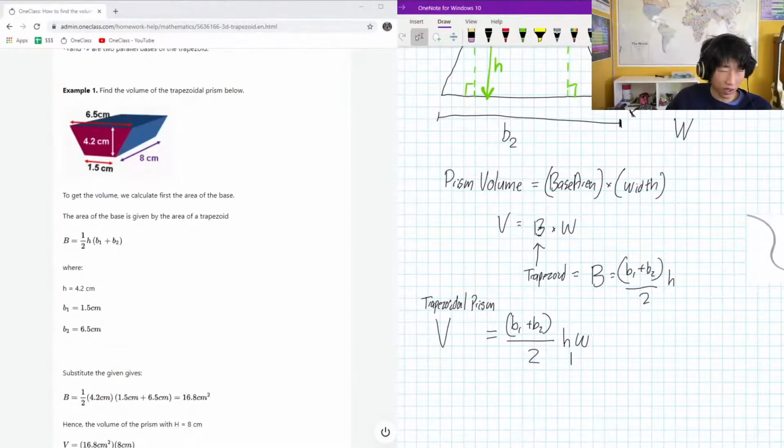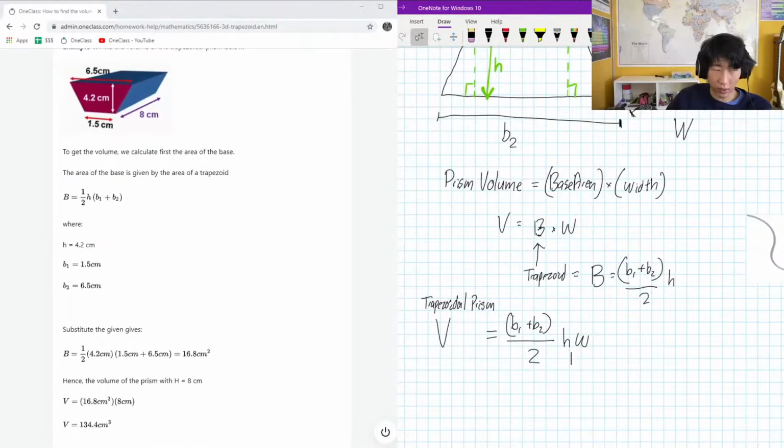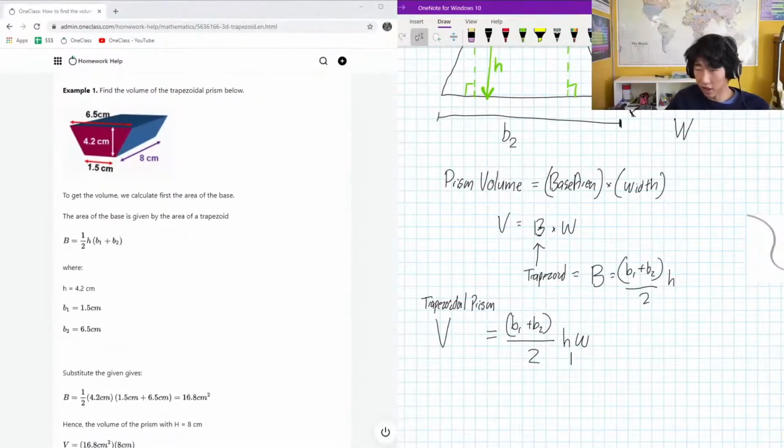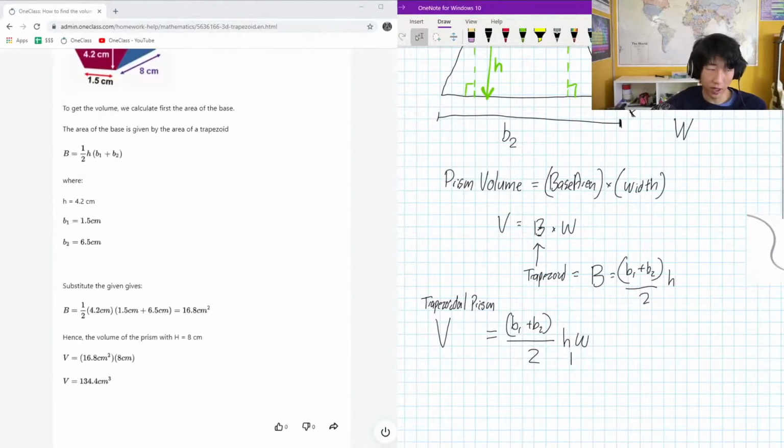Exactly what we have right here. So that comes out to 16.8, and then we're going to multiply that area of the trapezoid base with the trapezoid prism width, the thickness of it, and we're going to get, for this particular answer, 134.4 cubic centimeters.